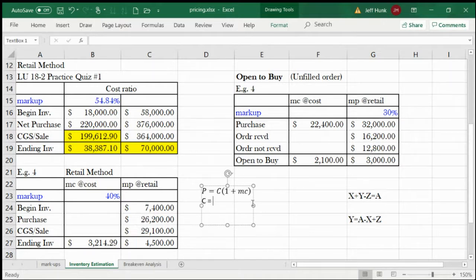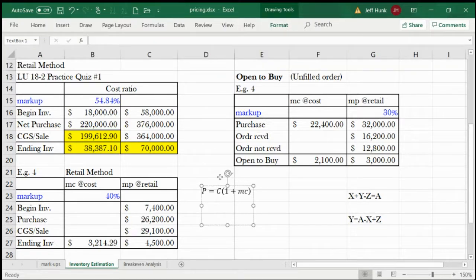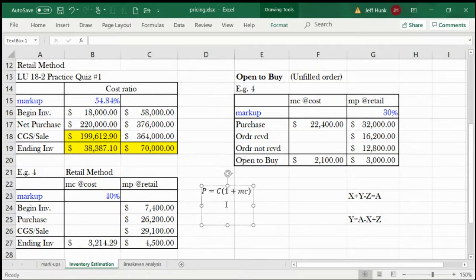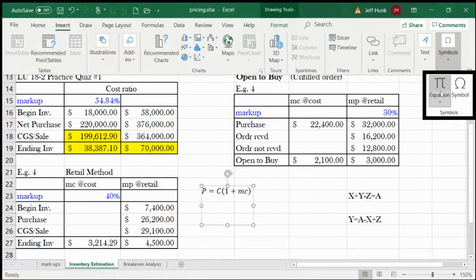That's why we've been doing C. Let me again use the symbol equation.